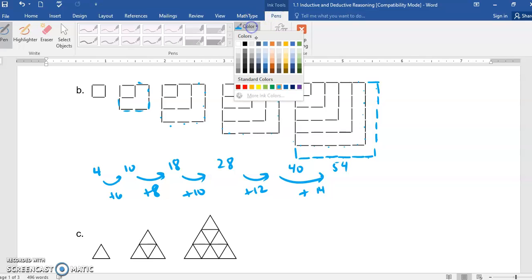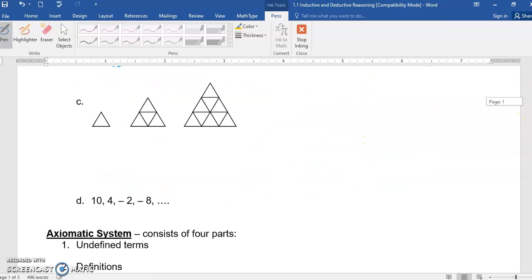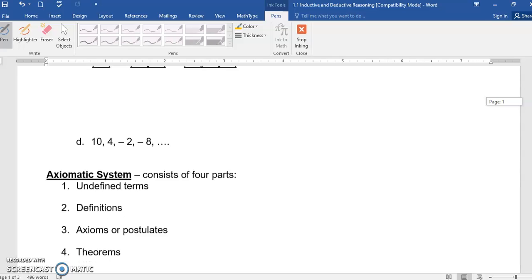And by that, if I had to do yet one more pattern of this with even a bigger square, I'm thinking that in order to do that, if I'm using toothpicks or whatever, just the number of lines, I'm going to need 70 to do it if I follow that pattern of the next even number. Okay, for the sake of time, I'm going to kind of skip part C here.